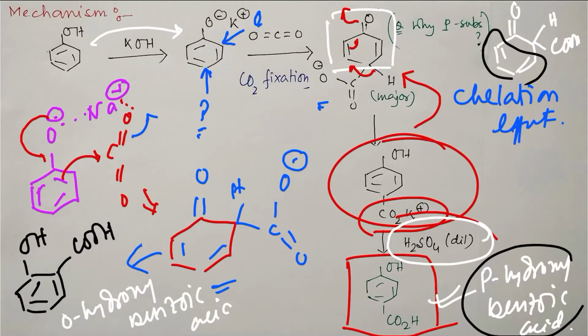Ortho-hydroxybenzoic acid, or it has another common name, that is salicylic acid. And this salicylic acid has a very good property, that is it is actually a painkiller by nature, or methyl salicylate, that is oil of wintergreen, that is also another conversion of salicylic acid, that is ortho-acetyl salicylic acid, that is aspirin.